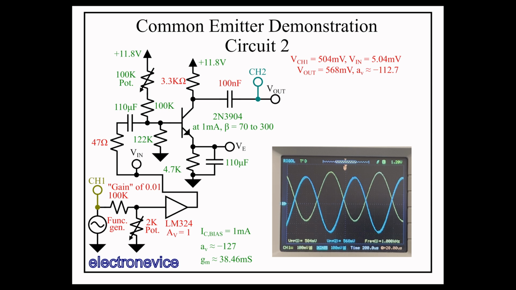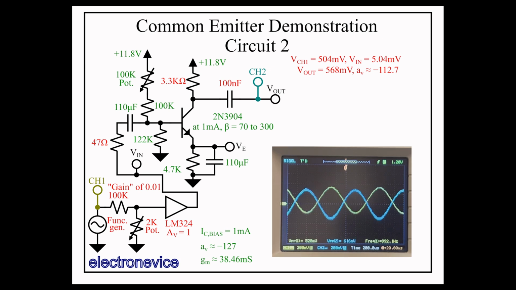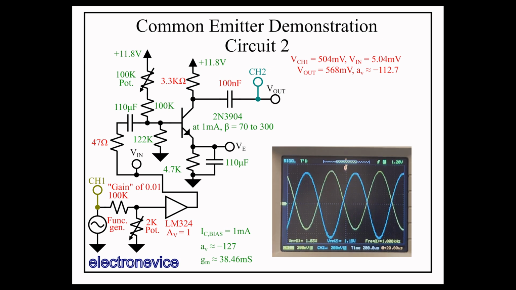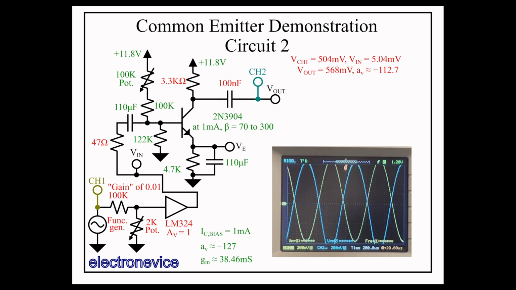Right off the bat, we can see that the nonlinearity with this circuit is much lower for the same peak-to-peak output voltage. With the previous circuit, with the input voltage of around 30 millivolts and an output voltage of around 336 millivolts, we could clearly see nonlinearities. Here, with the output voltage at 568 millivolts, it appears to be much more linear. Now we increase the input amplitude to see how the output changes with this circuit.